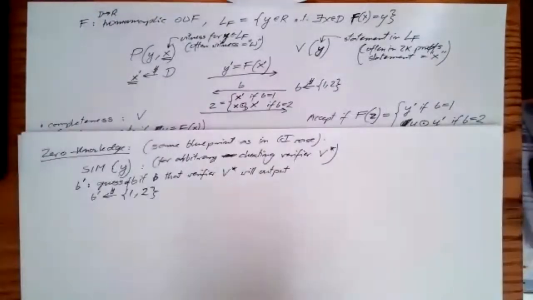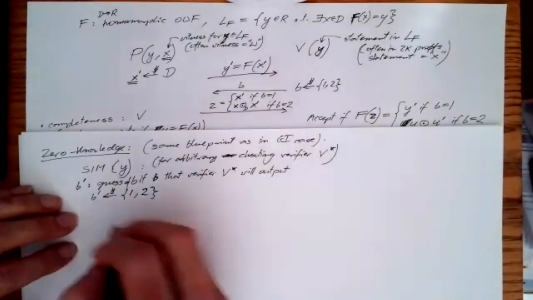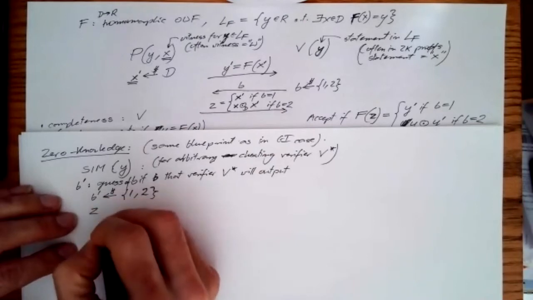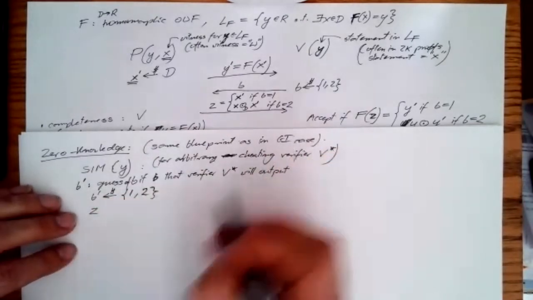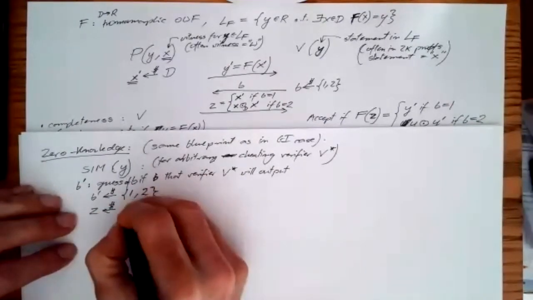So the simulator will start from the bottom, just like the simulator for the zero knowledge proof for graph isomorphism. It picks Z at random in the domain.